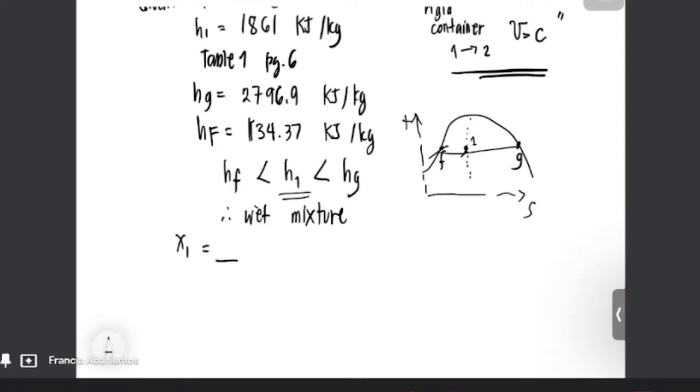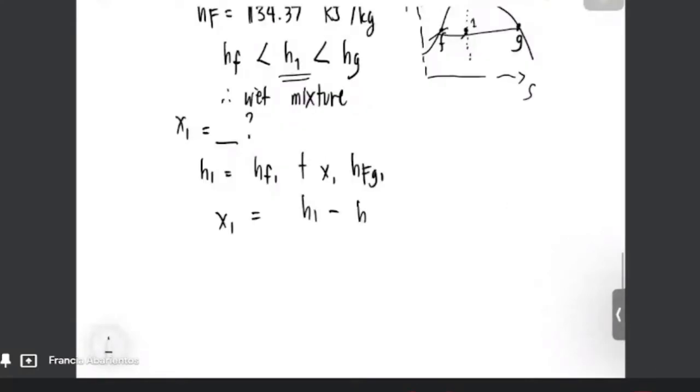So, yun yung hahanapin natin. Quality at point 1 now is equal to, yan, h1 minus hf over hfg. Yung hfg class, nandun na sa table, huwag na tayo magma-minus. Okay? Ano yung given sa atin? 1,861.